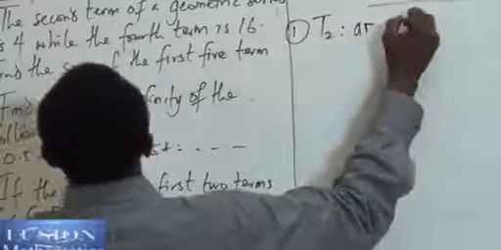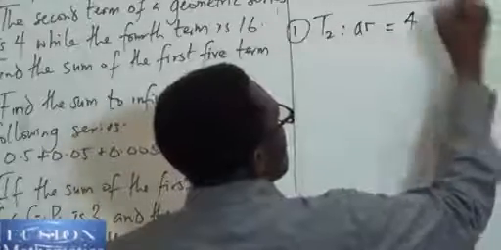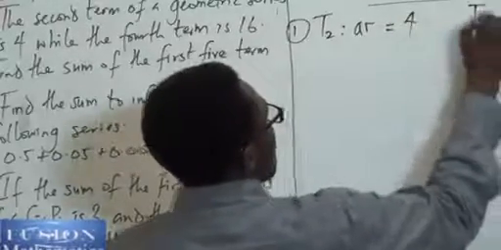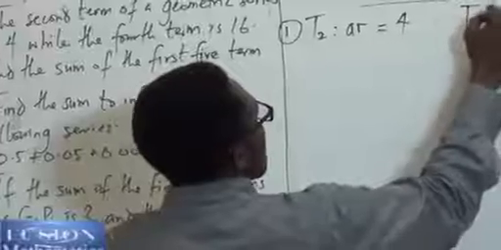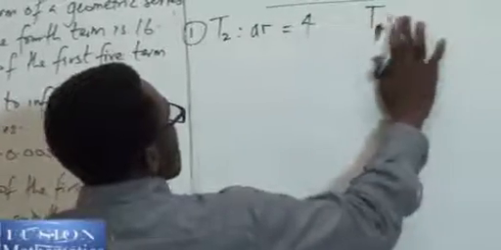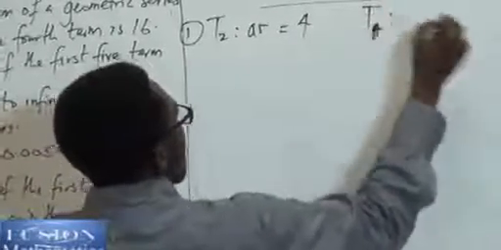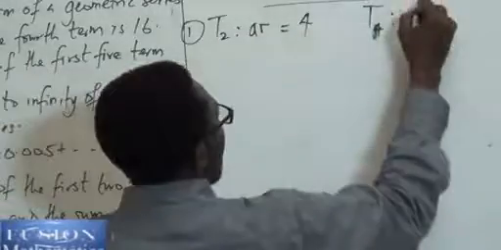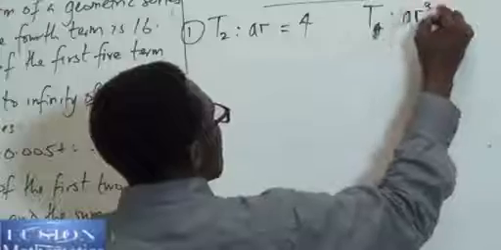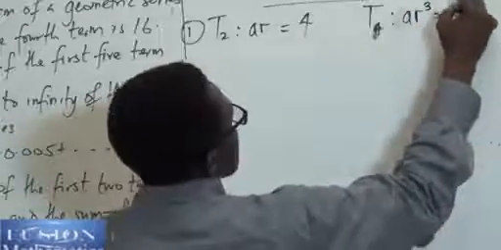So that is ar is equal to 4. Then we are given the fourth term, T4. It's such that it's ar raised to power 4 minus 1, which is 3, and it was given as 16.